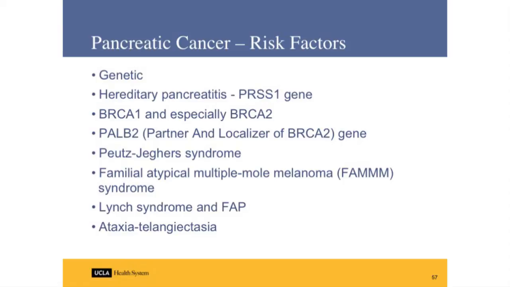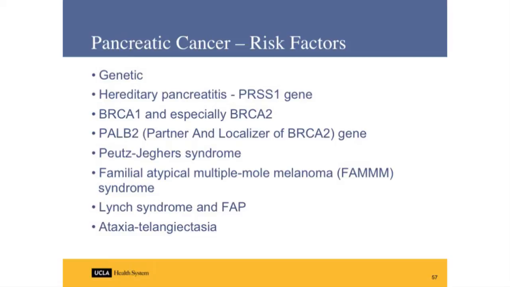These patients have an abnormality of the PRSS1 gene, and they often start getting episodes of pancreatitis at the age of 5 or 10 years. And then the BRCA1 and BRCA2 genes, as you all know, are implicated in breast cancer, and those patients also have a high risk of developing pancreatic cancer.